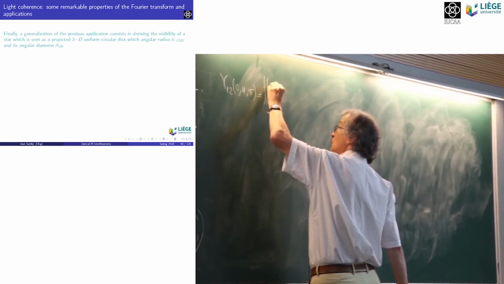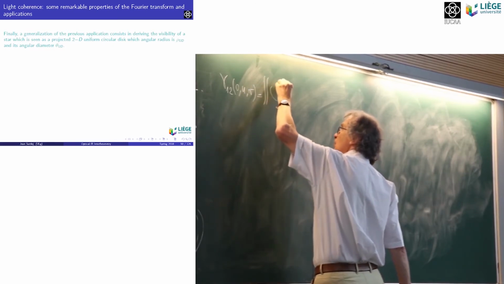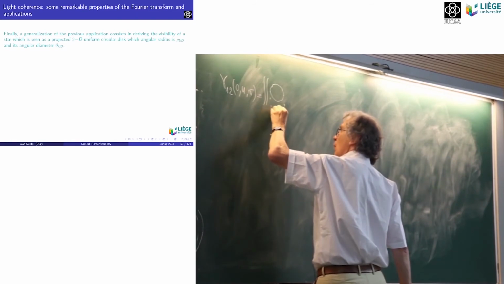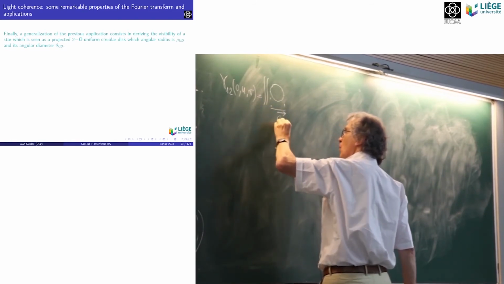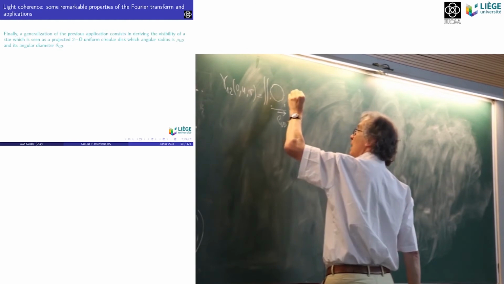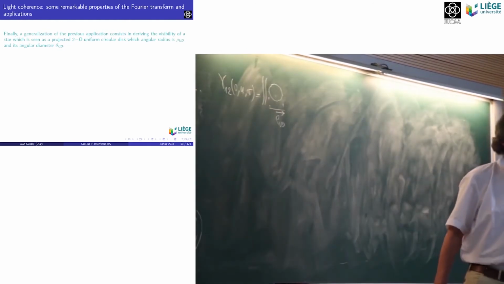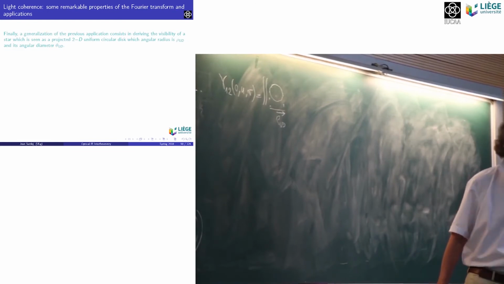It's not a square star, but a circular one with a radius equal to rho UD. So it is 1 inside and 0 outside, but still I should normalize it.